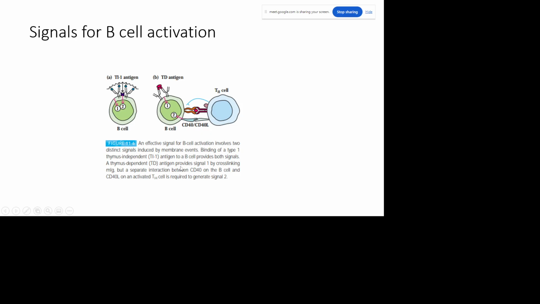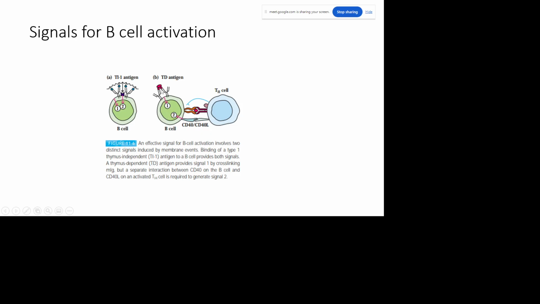So when the thymus independent antigen binds directly to the BCR of the B cell, here you can see this is the antigen and this is your BCR, upon this binding, the two signals are provided, right?